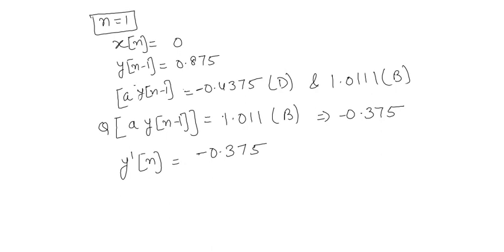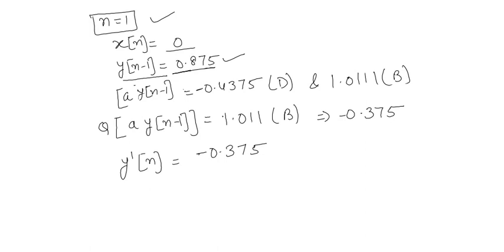Now for the n equals 1 case, your input is 0. The initial condition is the previous output, right? Because now we have some memory, right? And now since your input is 0, we see what the output is in this particular case.